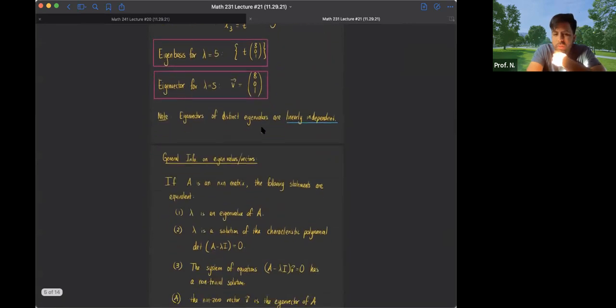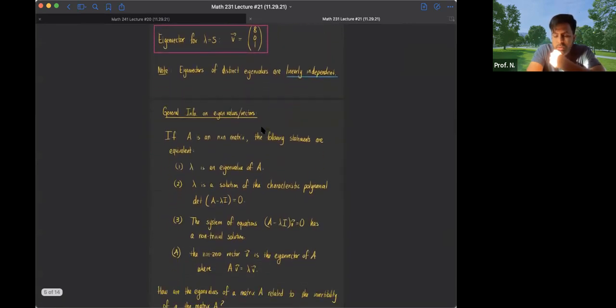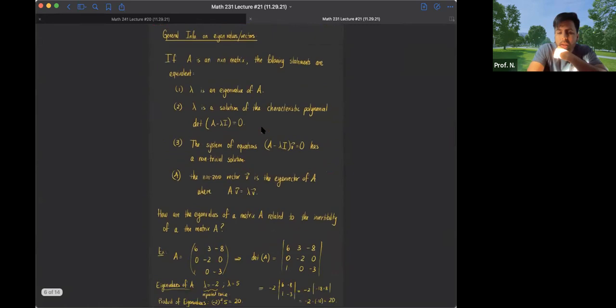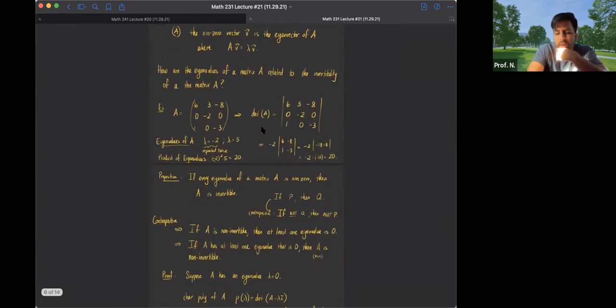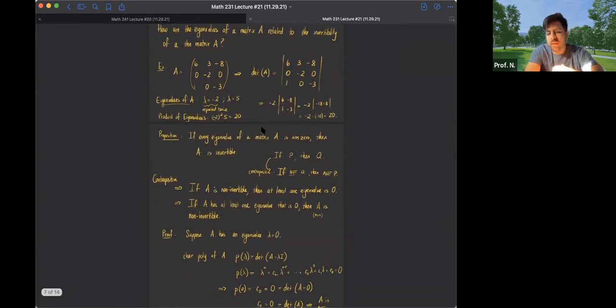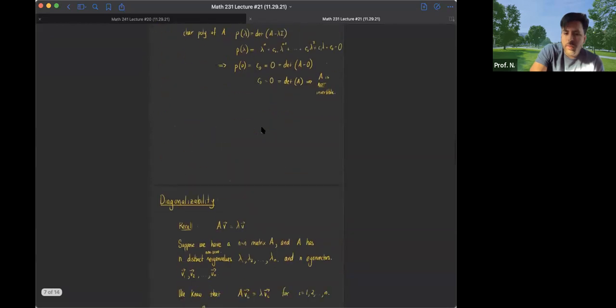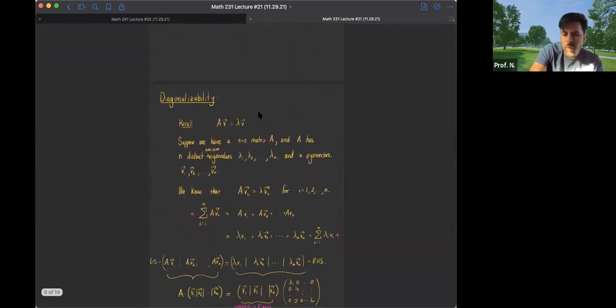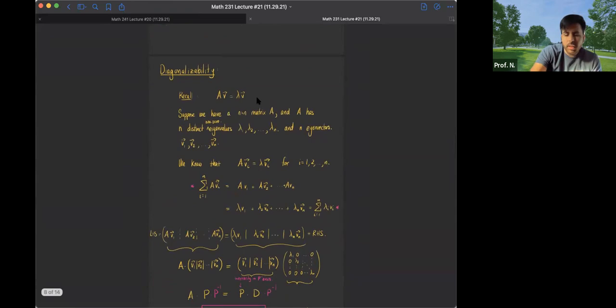And then once we've established that connection between eigenvalues and the eigenvectors, the question becomes, what do we do with that information? What do we do with eigenvalues and eigenvectors beyond just being able to compute them? Well, eventually we talk about something along the lines of diagonalizability.